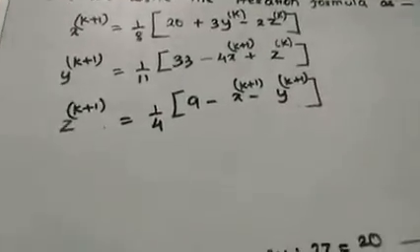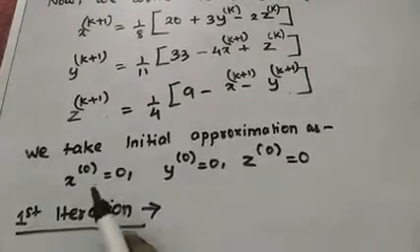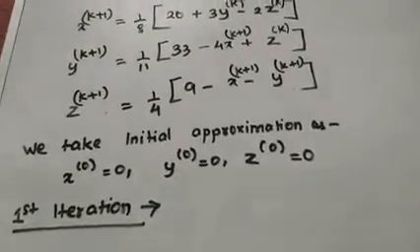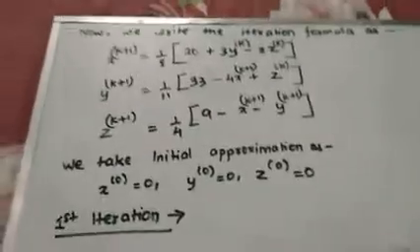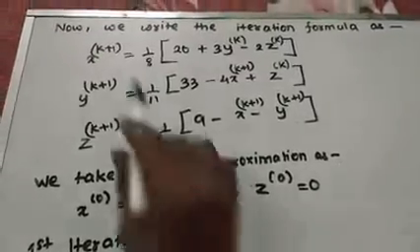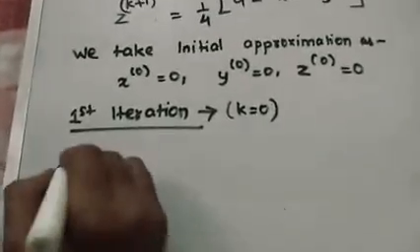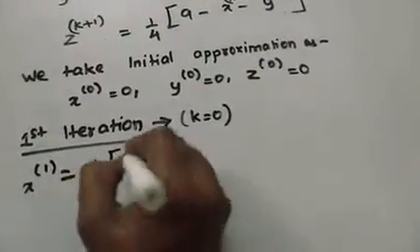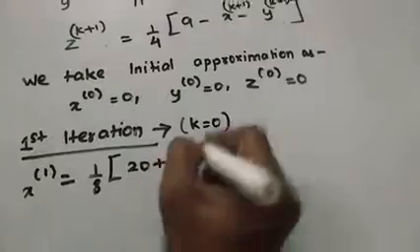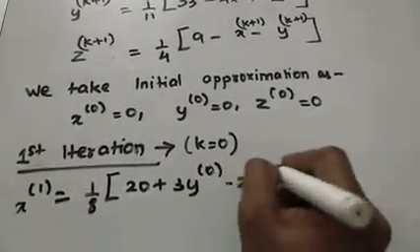So after that we take the initial approximation as x0 equals 0, y0 equals 0, z0 equals 0. This is fixed. Now the first iteration means putting k equals 0. So we get x1 equals 1 by 8 times 20 plus 3y0 minus 2z0.